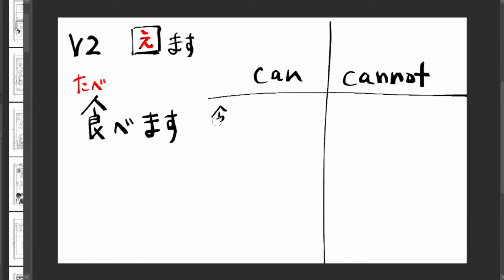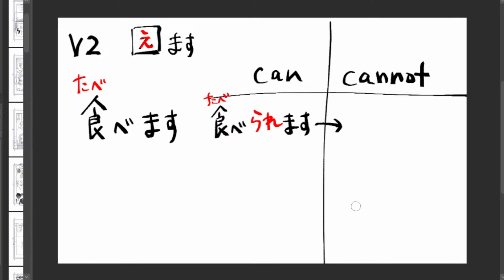So tabemasu will become taberaremasu. This rare, I'll just make it red. Taberaremasu, which means can eat. Watashi wa taberaremasu. I can eat. It's just the same if you want to make it negative.